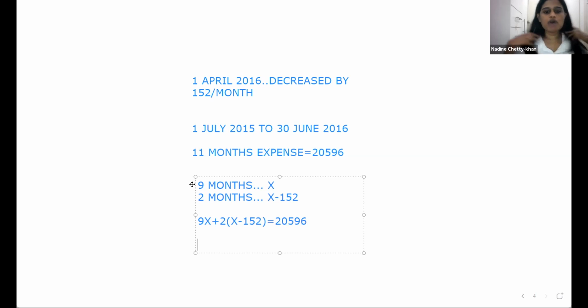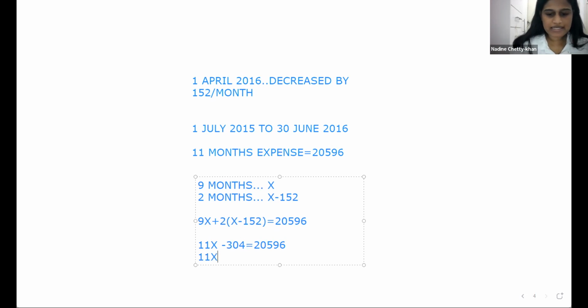So if you solve that, that becomes 11x of normal rent plus a reduction of, let's do this quickly, 152 times 2 of 304. I'm just opening the brackets there. So minus 304 equals 205.96. And all I'm going to do is solve for x.